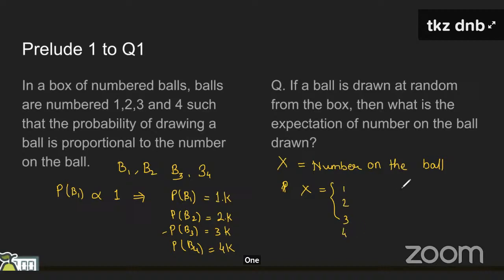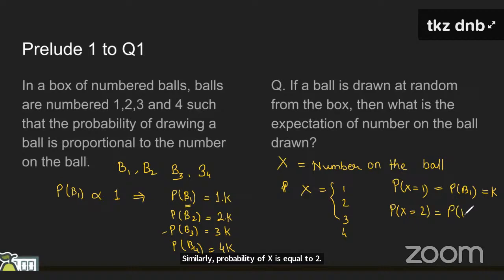So the probability of x equal to 1 will be then? When can it happen? When you are choosing ball B1. The probability of x equal to 1 is nothing but the probability of choosing B1, which is equal to K. Similarly, the probability of x equal to 2 happens when you choose the ball on which the number 2 is written.